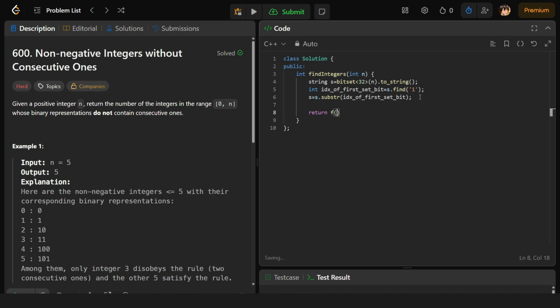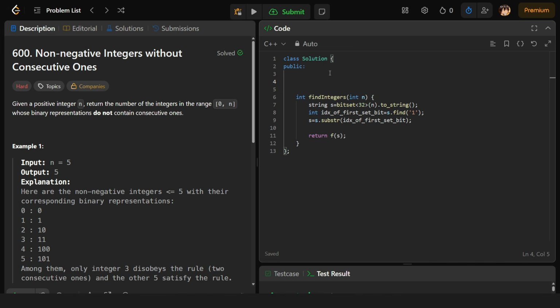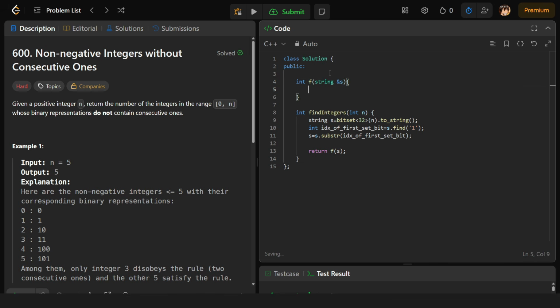So let me pass this string here like this. So let us start writing the function now, right? The name of the function is f, and the first argument is this string s, right? We know that the second argument here will be nothing but the starting index, which is 0, right? So this will be idx, and the third argument here will be the value of the type variable, which is initially tight, that is true.